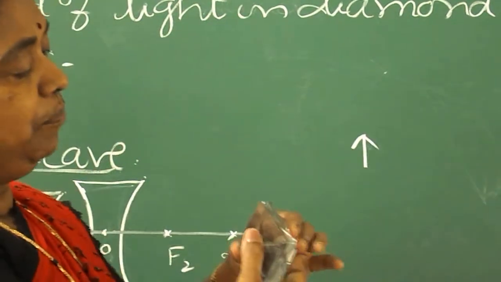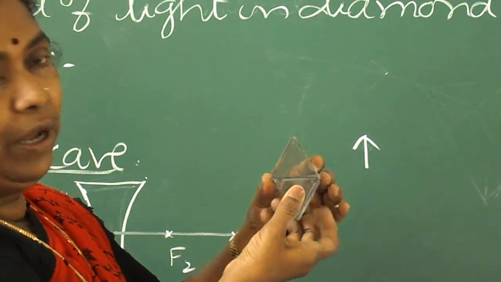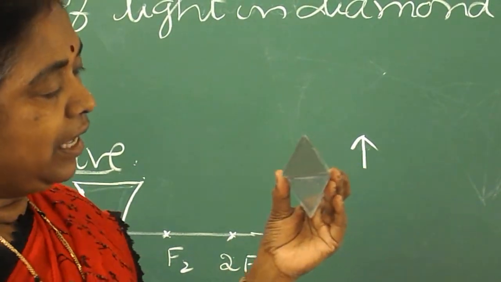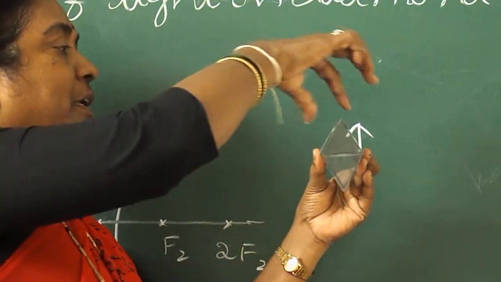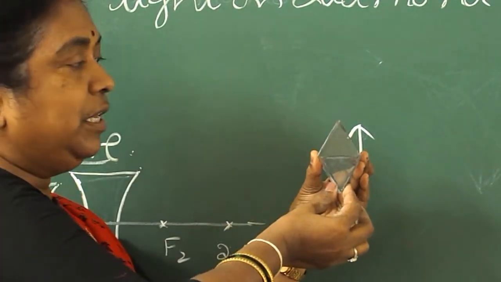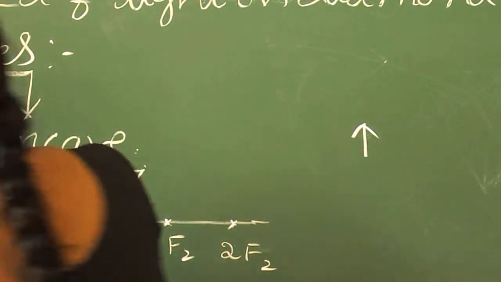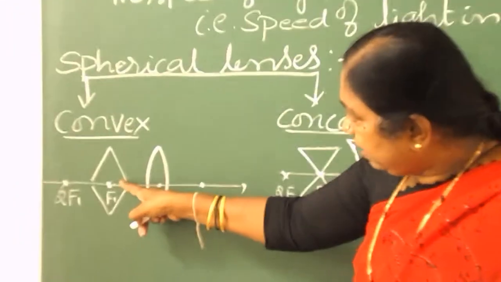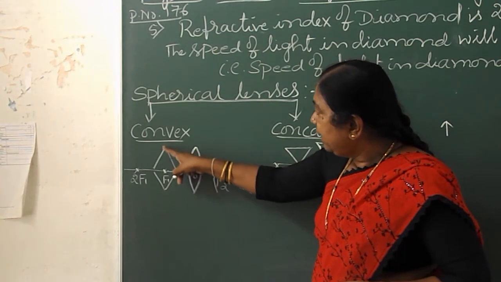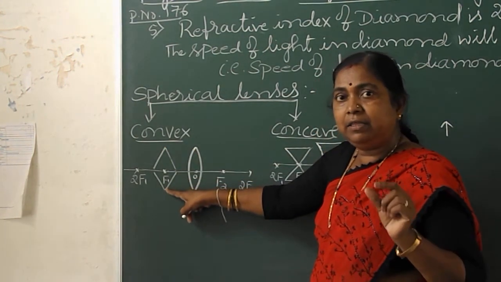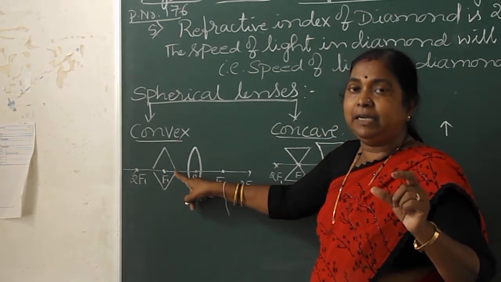But if you take two triangular prisms and keep them opposite to one another, you can see that it is bulged at the center, whereas thin at the edges. The same shape you can observe here: two triangular prisms kept opposite to one another, the edges are thin and it is bulged at the center part.